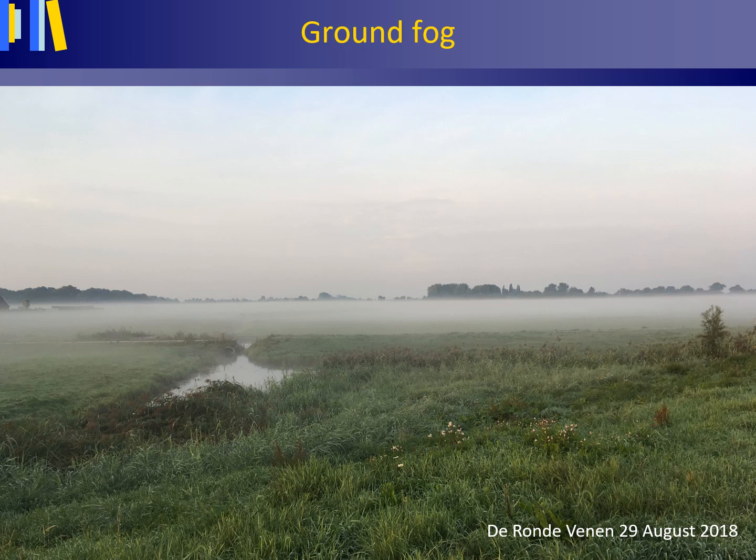And something similar you can see in the Netherlands. This is near Abcoude, the Ronde Venen, and also here, due to calm conditions during night, thermal radiation, cooling of the air reaching its dew point, condensation setting in, you get this fog which lies as a layer over the landscape.